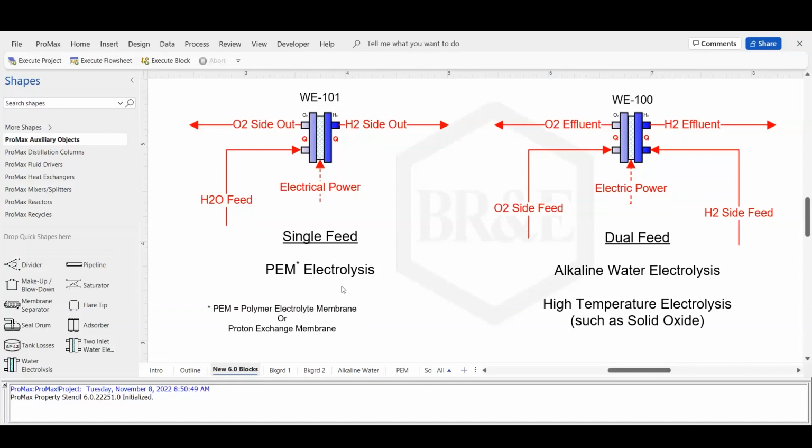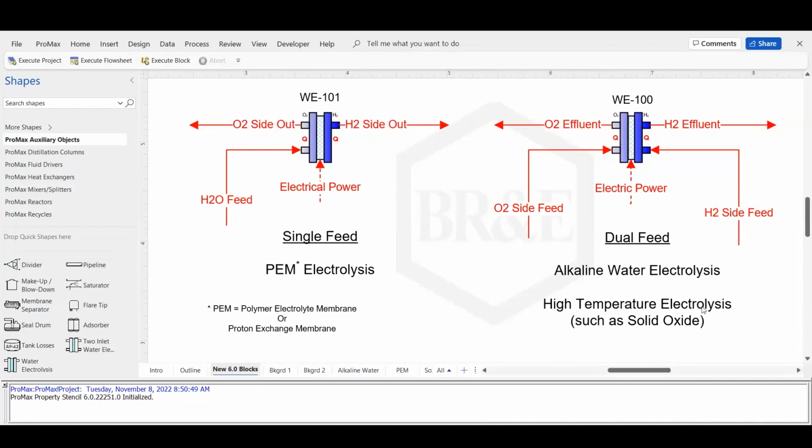But I don't know how that happened, but it's kind of funny that the acronym has two different popular ways of describing it. And then we have, for our dual feed, we have alkaline water and high temperature electrolysis, which are to be used in this dual feed electrolyzer block.